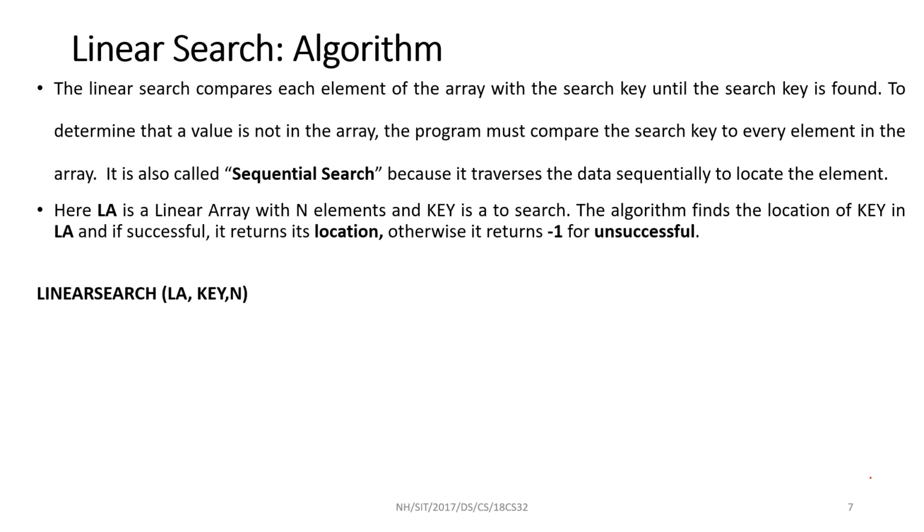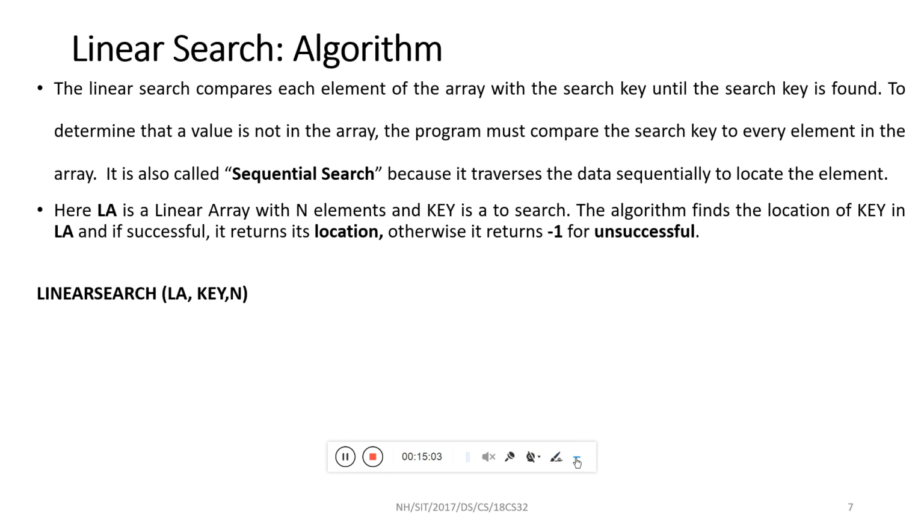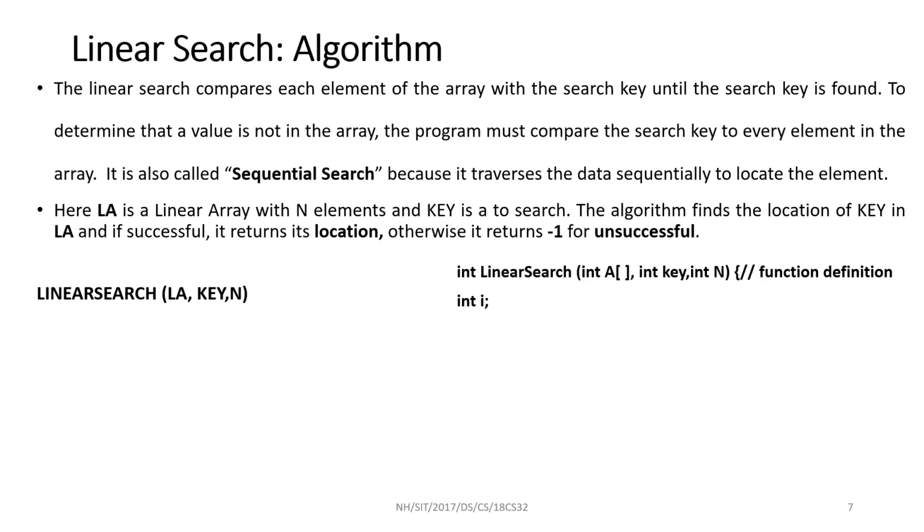The algorithm goes like this. It takes the linear array LA, the key element KEY and N as the number of elements. The right side shows the equivalent C program. It takes three parameters: one is the one dimensional array, the key to be searched, and the size of the array.